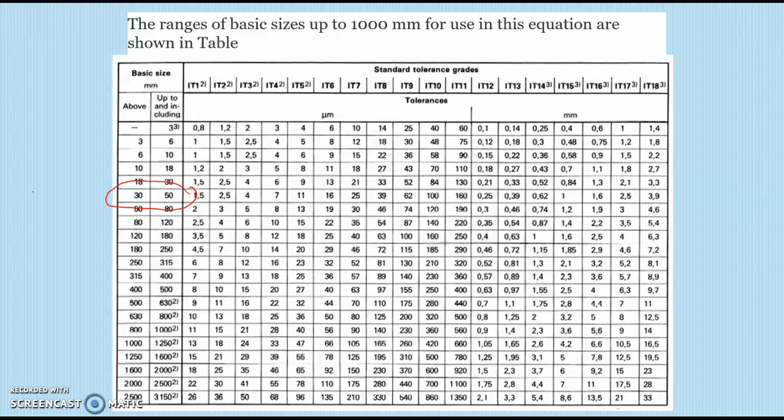For example, if 35 mm is our basic size, we know that it is between 30 and 50, and we take d minimum as 30 and d max as 50. So instead of 35, d is determined by the root of d max into d minimum.